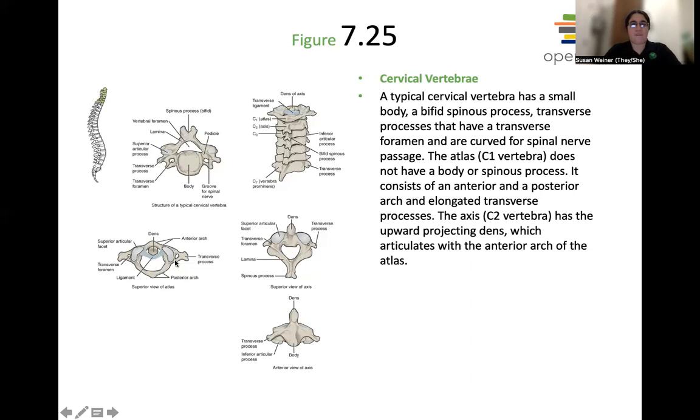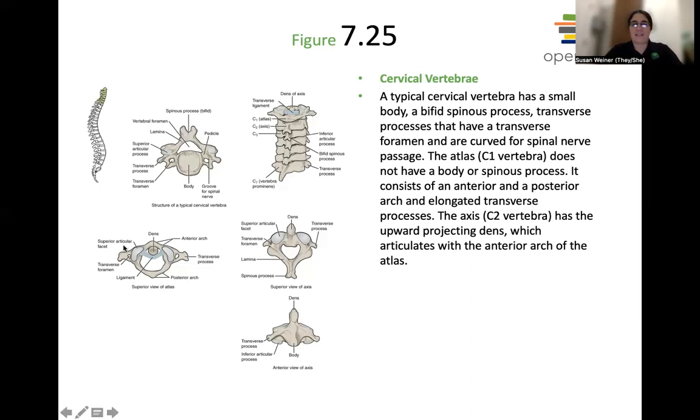So the cervical vertebrae are distinct. They have a much smaller body. They have a bifid, or bifurcated, spinous process here. And they're curved to allow for spinal nerve passage. There are a couple of very specialized ones at the top, the atlas and the axis.